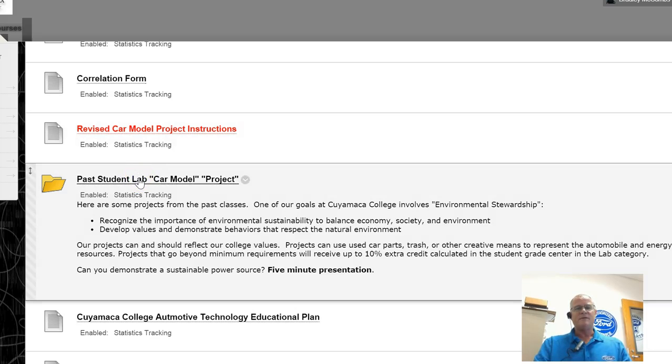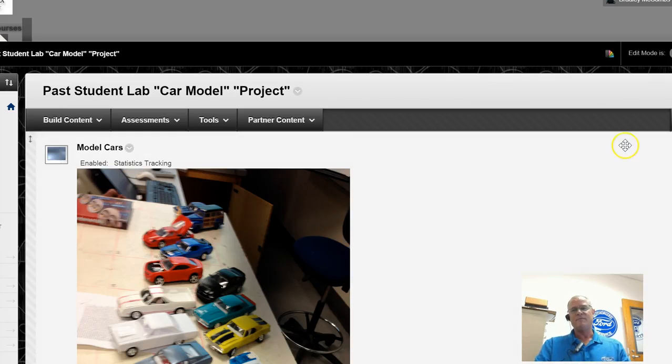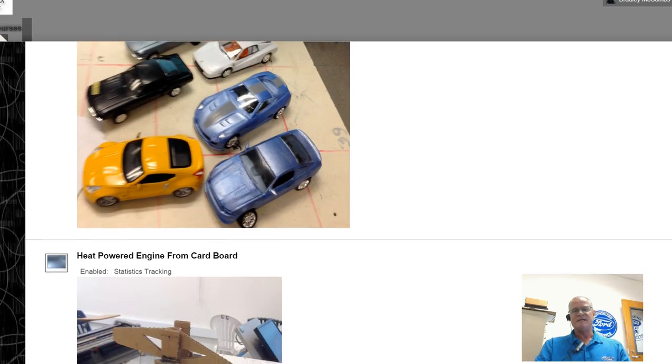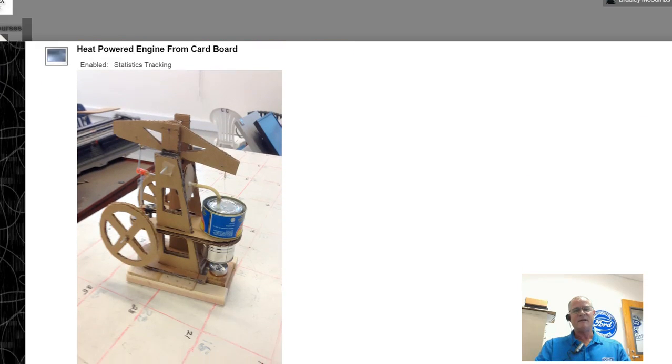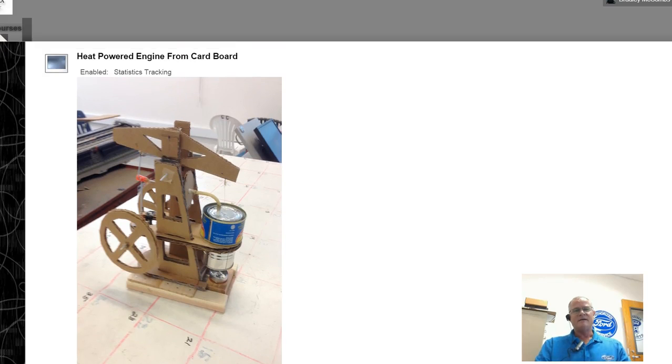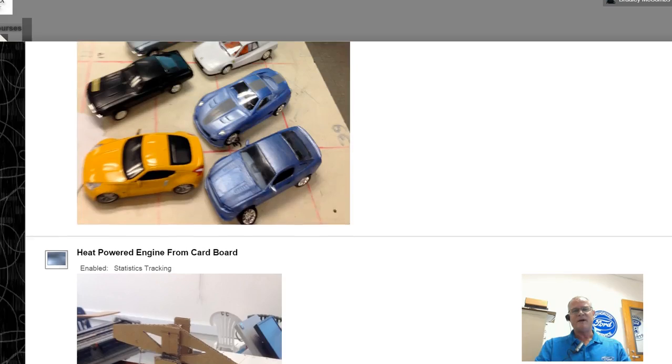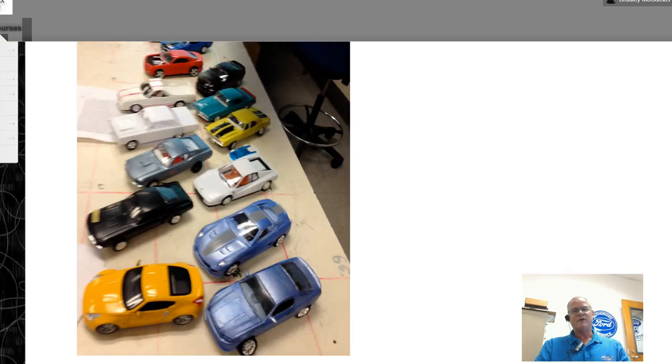So with the power of my computer-based learning management system, I can actually post pictures and show detailed projects that students have submitted in the past. And that would be like an example of the revised approved project, and these are the older projects.